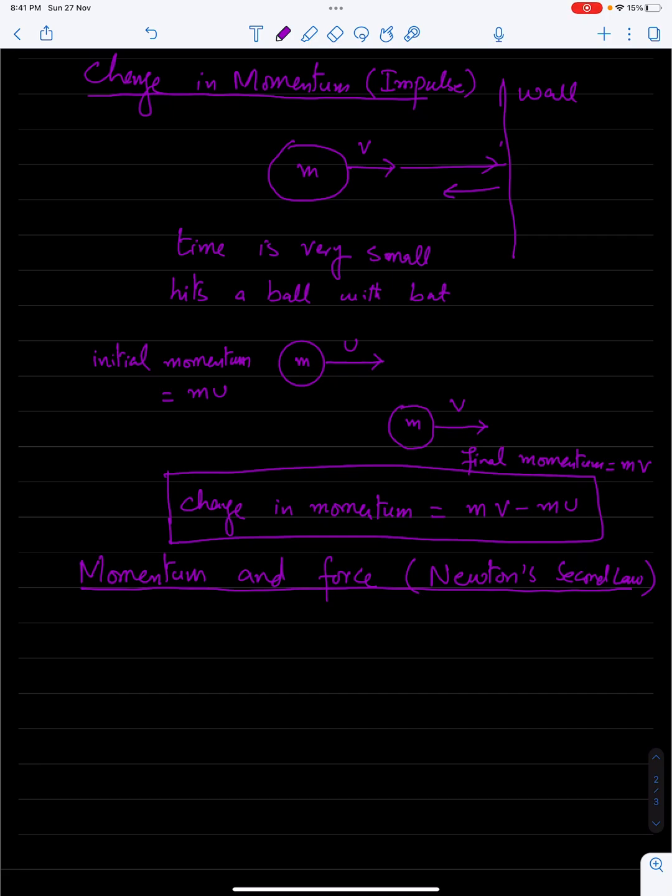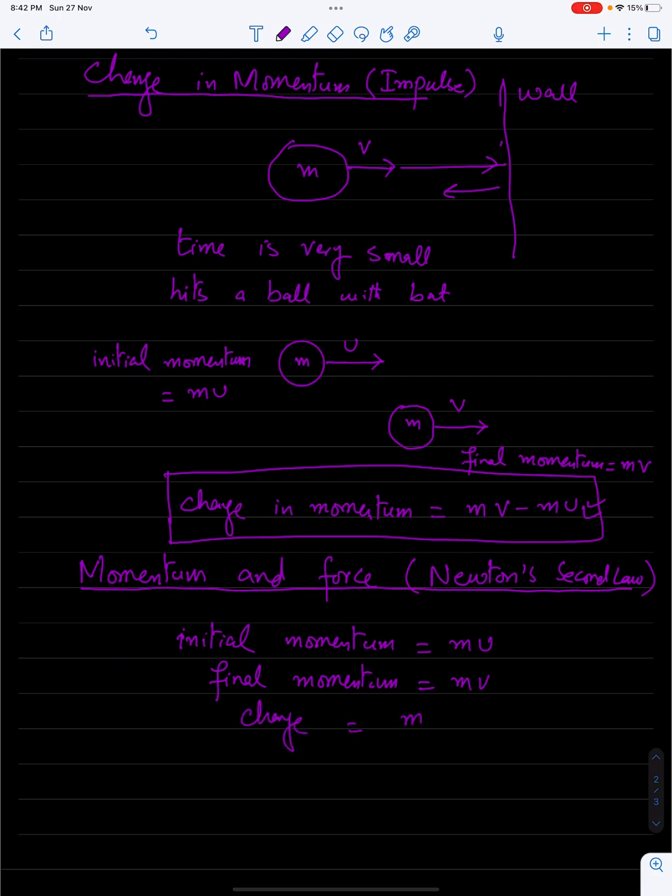So let's continue this same example in which the initial momentum of a ball is mu, the final momentum is mv. So change in momentum is equal to mv minus mu.